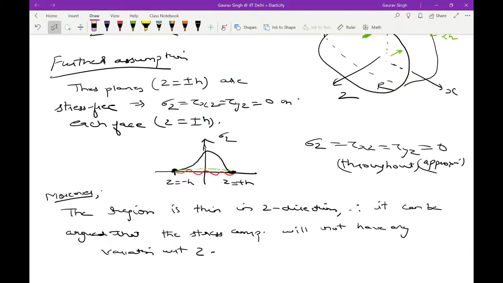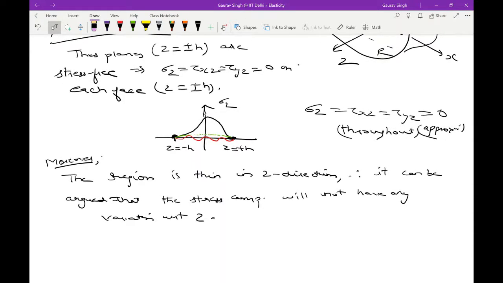I mean, sigma x can vary definitely, but it will not vary in the z direction just because the distance is too small. It can vary across the region R in x and y, but not along z.